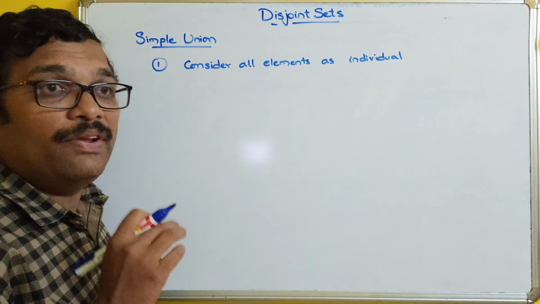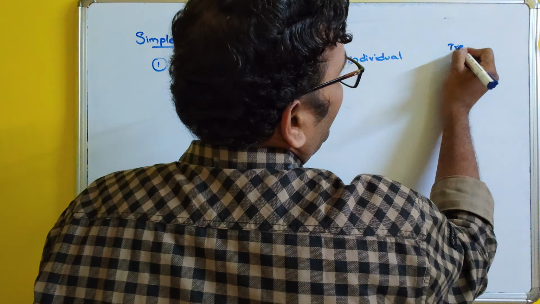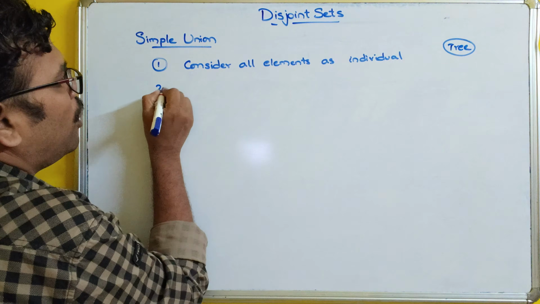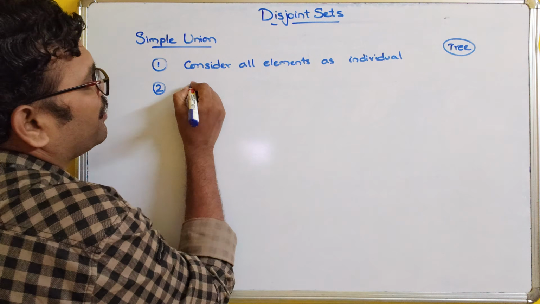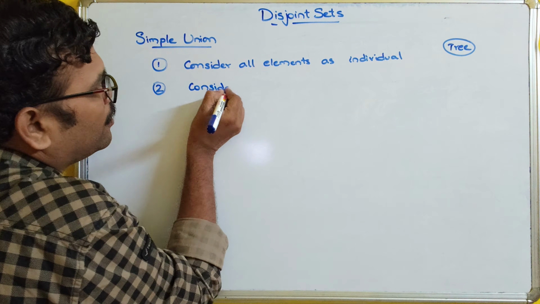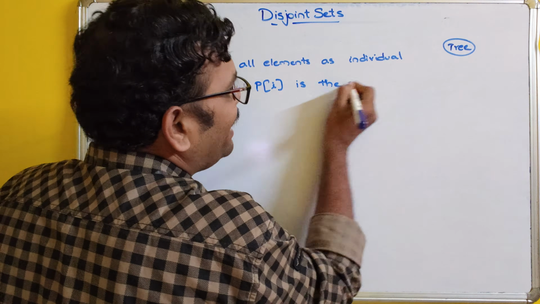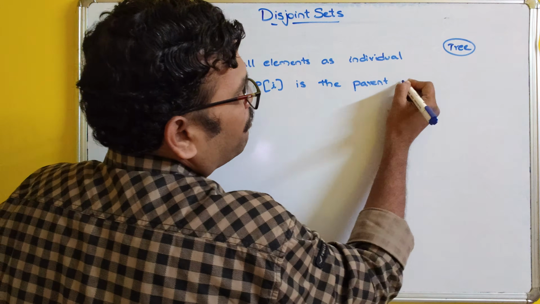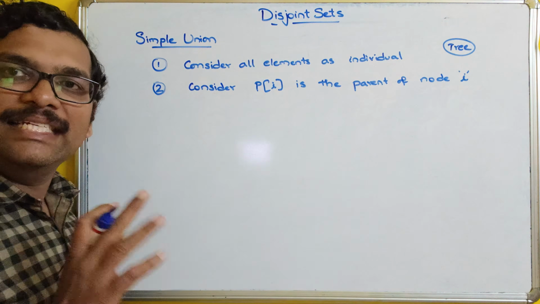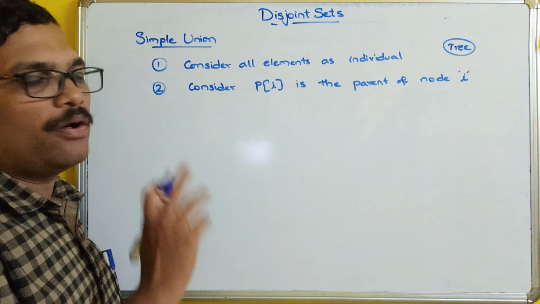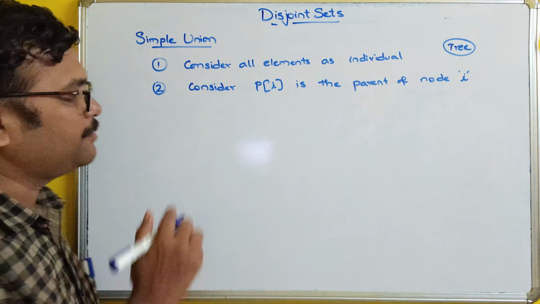Usually we will represent this with a tree data structure. Obviously there will be a root node or parent. So consider P of I as the parent of node I. Usually P of I is represented as the parent of node I. If you consider any node, P of I will be represented as its parent.